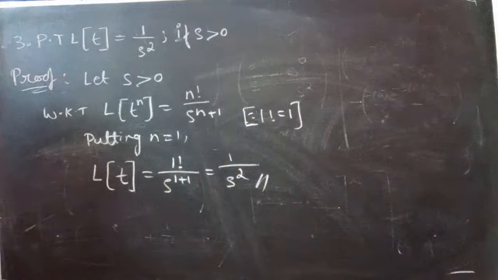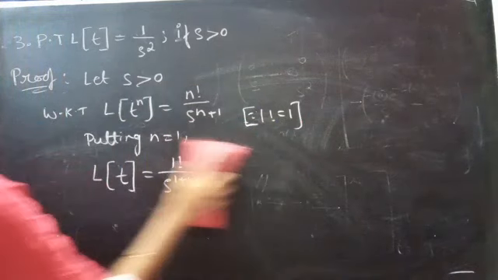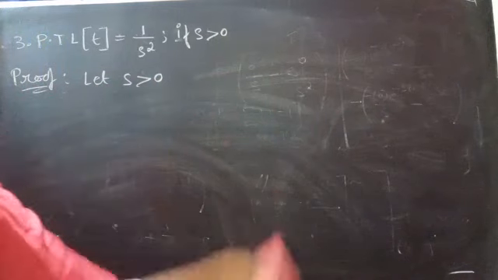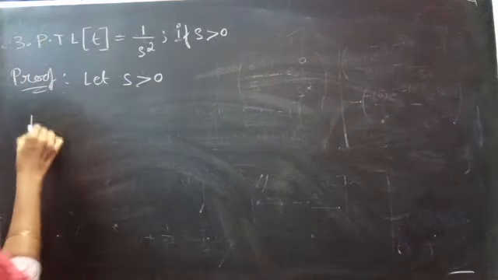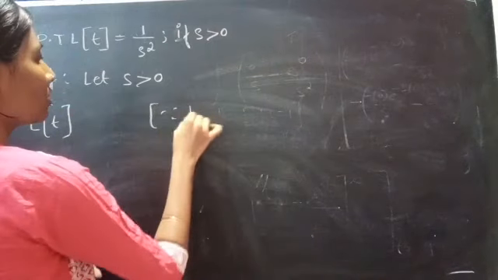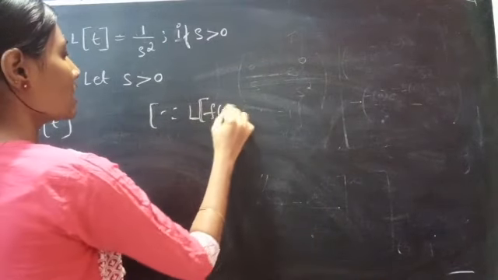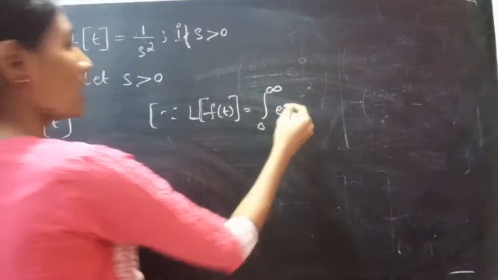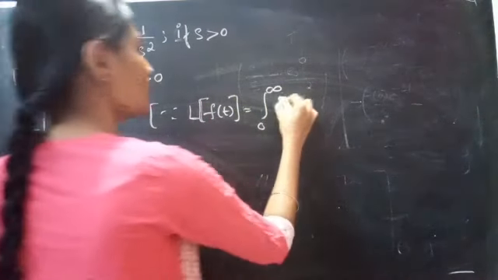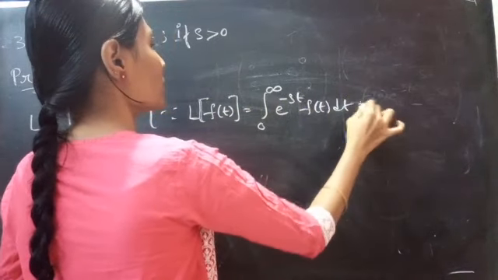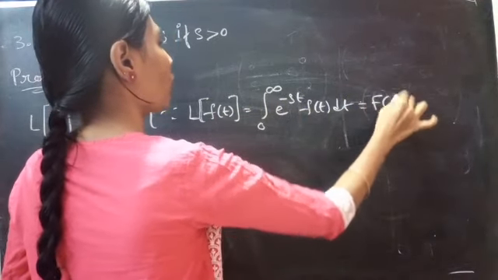Okay, or else you can use the Laplace transform formula to prove this. Now consider L of t. Since L of f of t is equals to integral from 0 to infinity e power minus st into f of t into dt, which is equals to capital F of s.